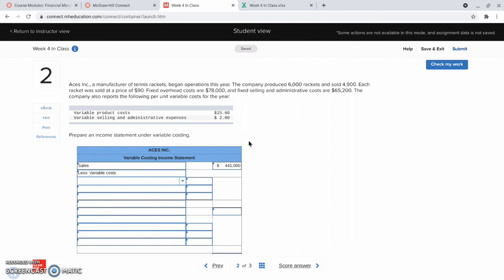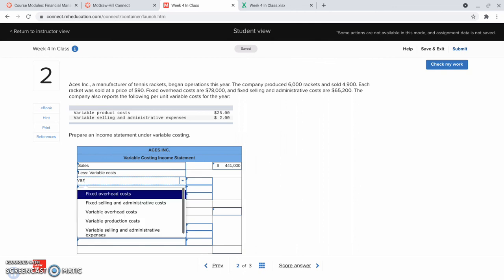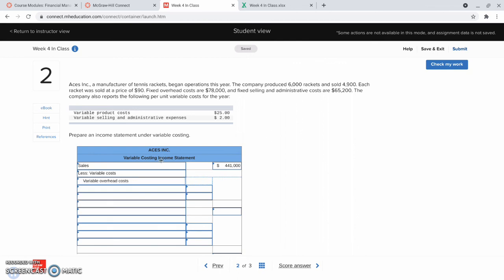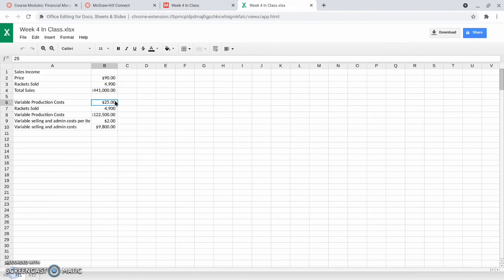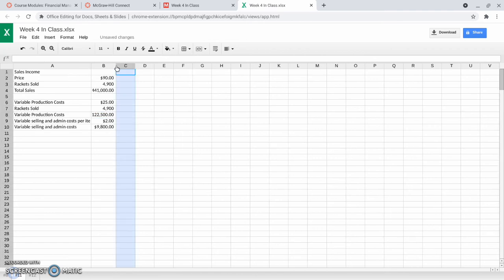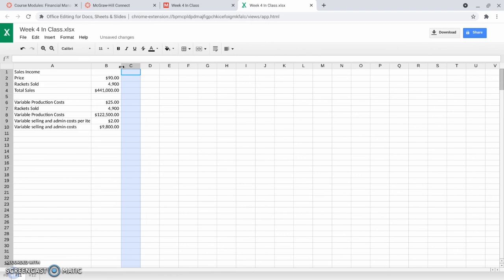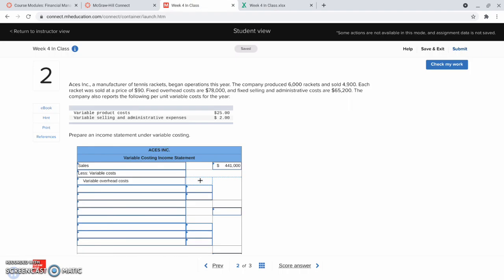Where do these variable costs come from? We have our variable production cost. For our variable production costs, we take $25 times our 4,900 rackets to come up with our 122,500.